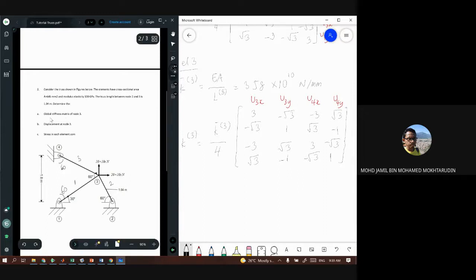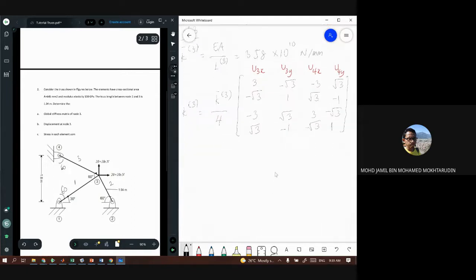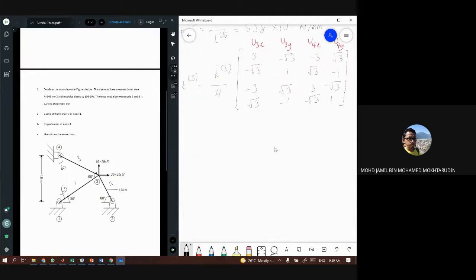So the first question A, determine global stiffness of node number 3. So I think this one you need to find the global stiffness only at node 3. So you don't need to assemble a 4x4 matrix. Okay, you'll be like satu page A4. So you just need to find the global stiffness at node number 3.